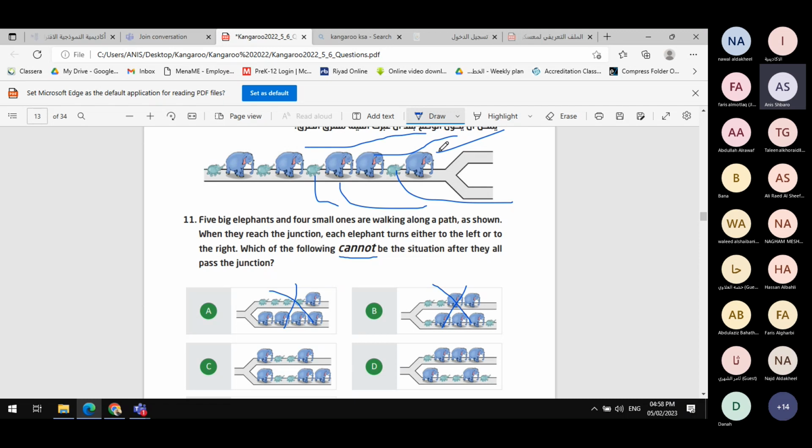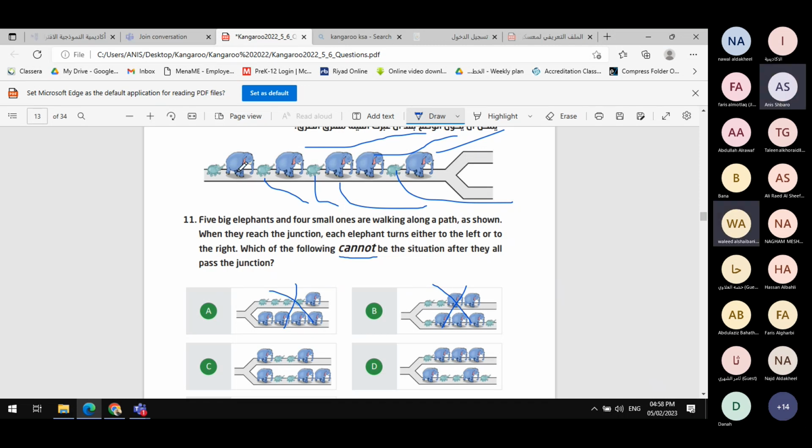Now you're going to obtain three big elephants up. Continue, and then we're going to go up. This is a mistake, because if we went up, we would obtain the big elephant going down, but we need the small elephant to go down. So take it down. So we are done with the small elephants now.